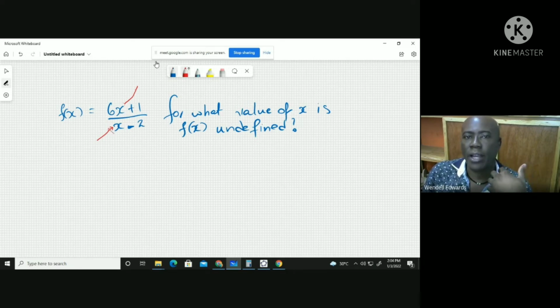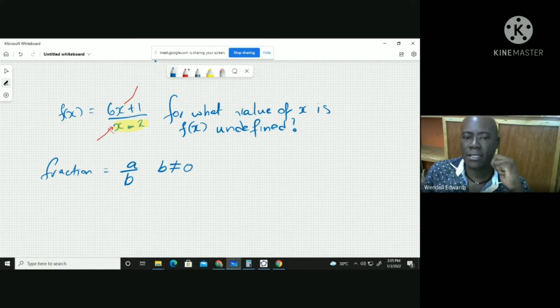And for it to be undefined, the focus is definitely not just on anything. The focus is really on the denominator. Why? Because the definition of a fraction says a fraction is written as a over b, where b cannot be 0. And on this basis, b is the denominator.